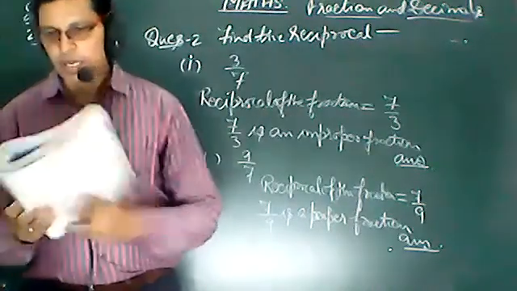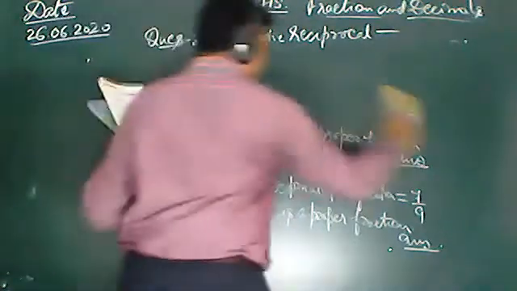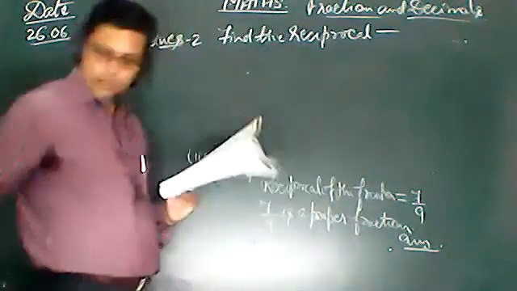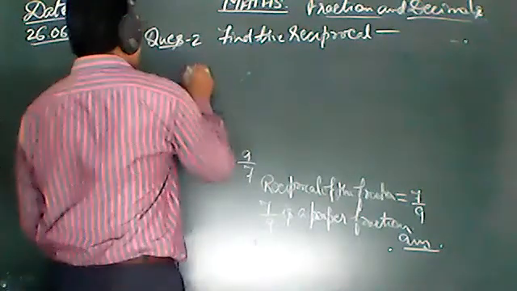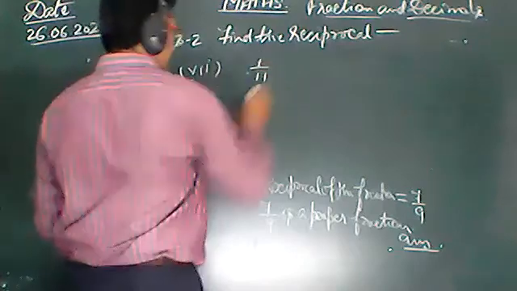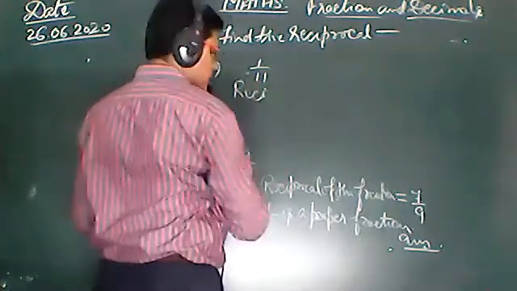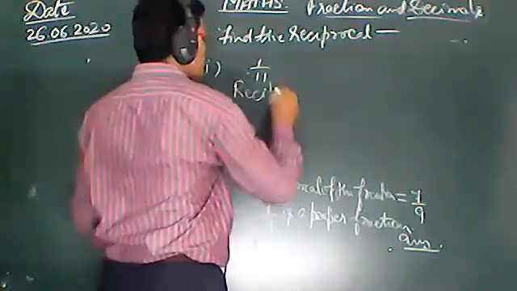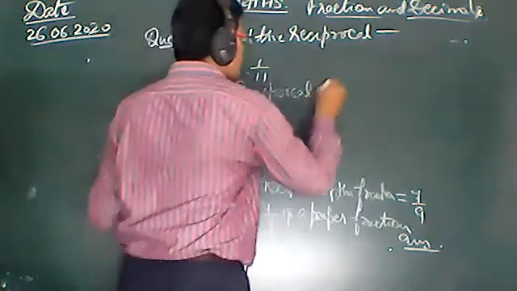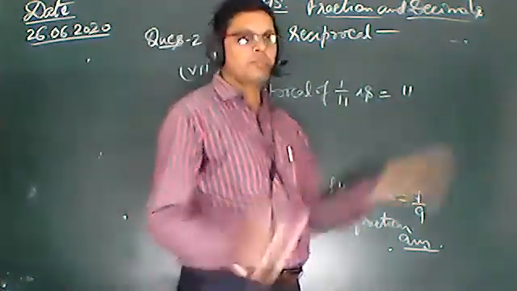Now, the seventh part of this question is 1 by 11, and the reciprocal of 1 by 11 is 11, because 11 upon 1 comes 11.